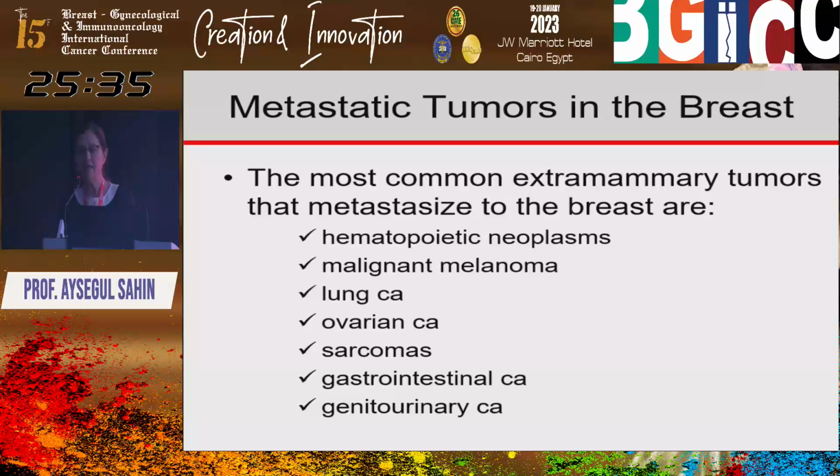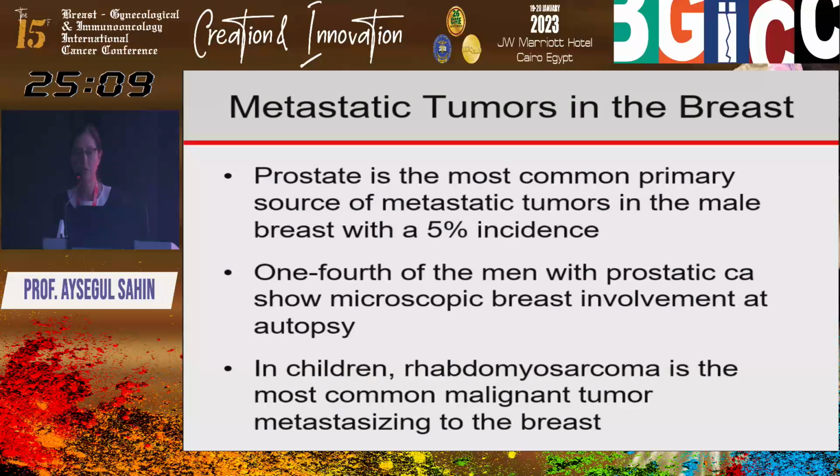When you look at the incidences from different sites, malignant melanoma is the most common solid tumor if you exclude the hematopoietic neoplasms. Lung cancer, ovarian cancer, gastrointestinal, and genitourinary tumors can all present as a metastasis, but melanoma is always the most important mimicker.